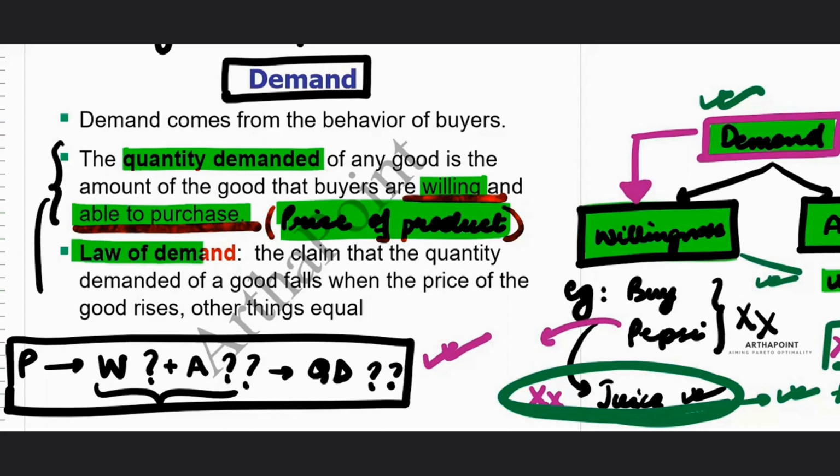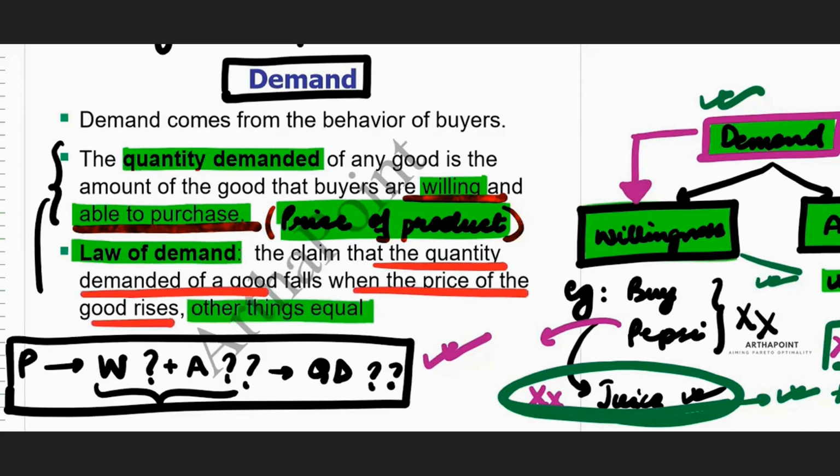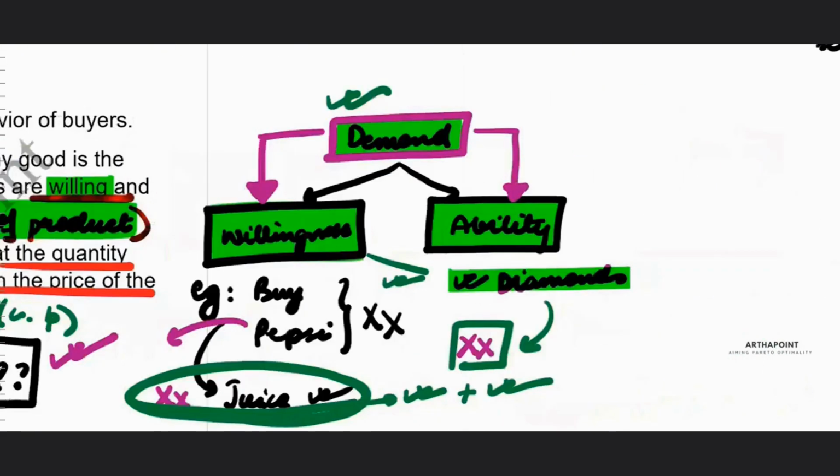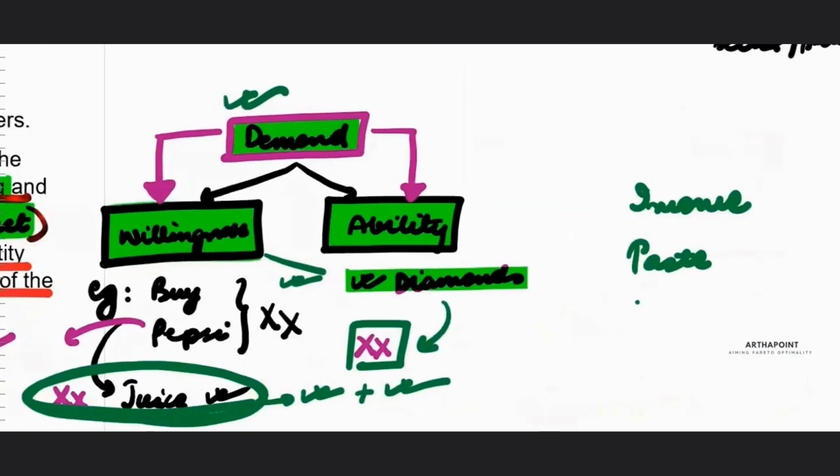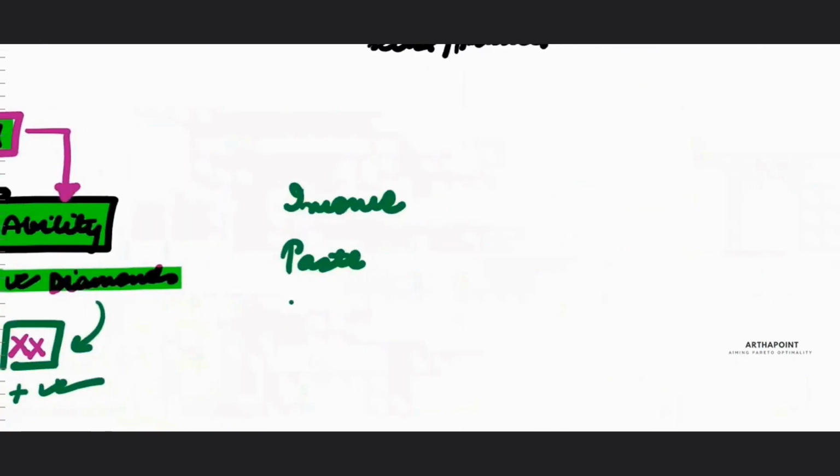Law of demand. The law of demand says that there is an inverse relationship between quantity demanded and the price of the product, holding other things constant. That is ceteris paribus. If I hold all other factors constant, like income, taste and preferences, and other situations. For example, earlier I might not be willing to buy a mask, but now due to COVID-19, I may be willing to buy a mask.